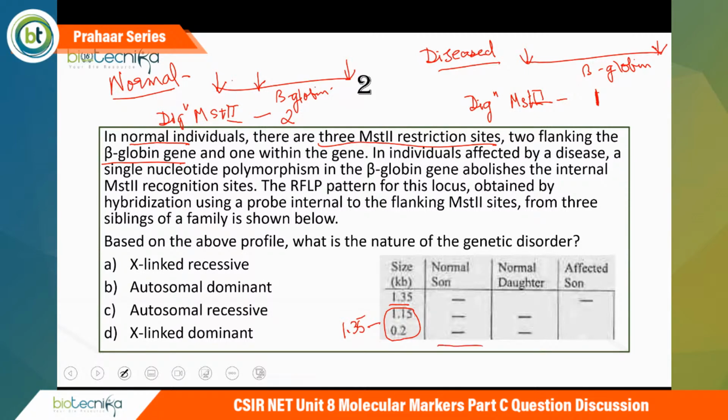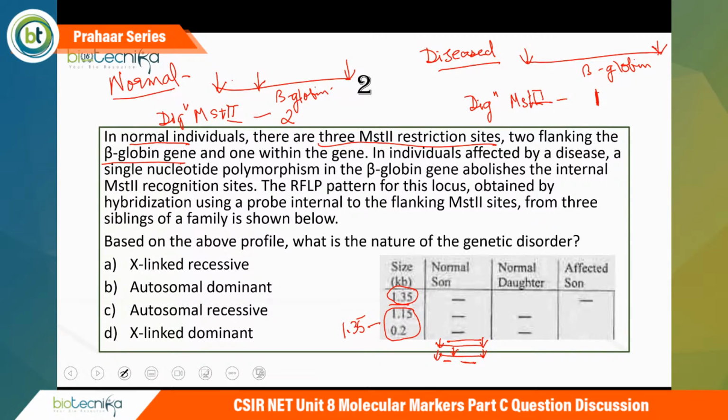This normal son has 2 DNAs. One has the mutation, because of which it forms one bigger fragment of 1.35, whereas the other DNA molecule, where again a copy of this gene is present, has the normal copy, so there are 3 digestion sites present, and that is why 2 fragments come from this DNA and 1 fragment comes from that DNA.